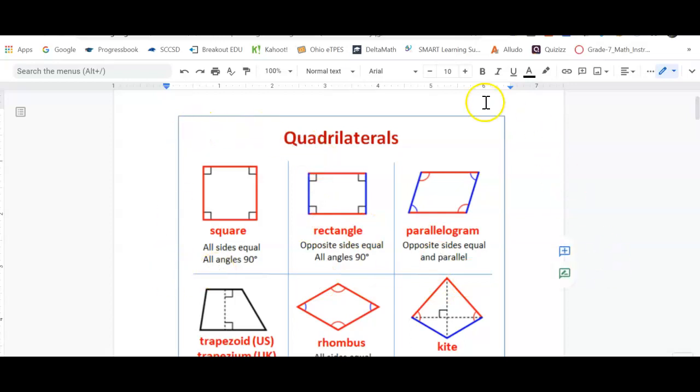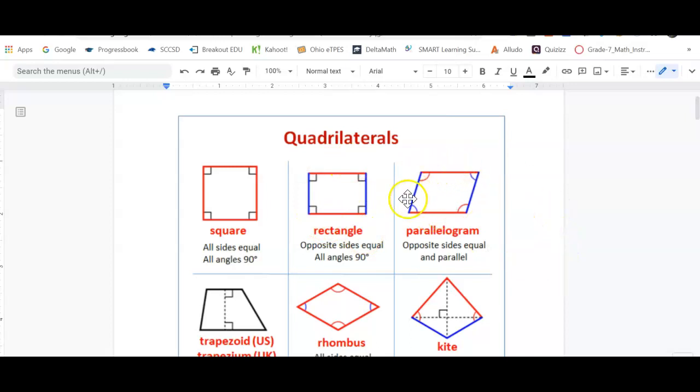And these are our quadrilaterals. These are our notes in Google Classroom as well. You have a square, which is all sides are equal, and a 90 degrees on each corner. Rectangle is opposite sides are parallel, opposite sides are equal, and 90 degrees as well.